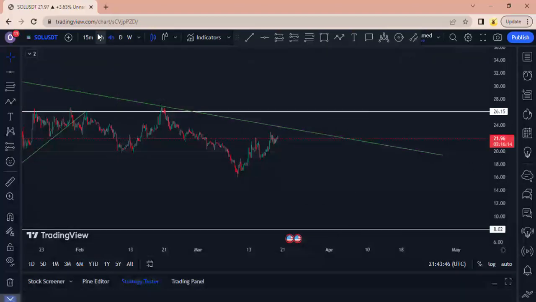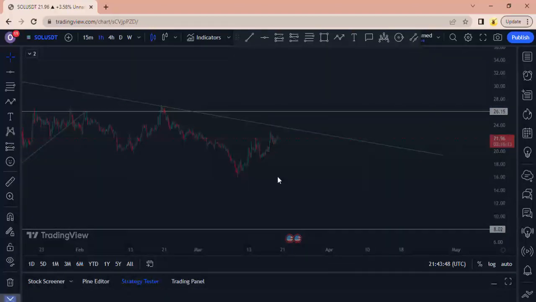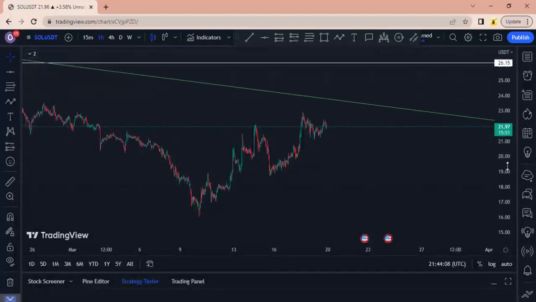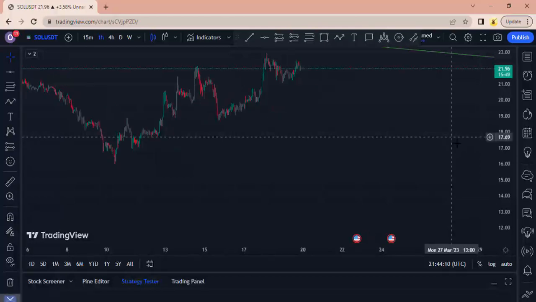So I can scale down to 1 hour and then put a trend line. Sorry, my network is quite slow. I'm scaling down to 1 hour. The network is quite slow. Alright, so it's back. So this is how it is.